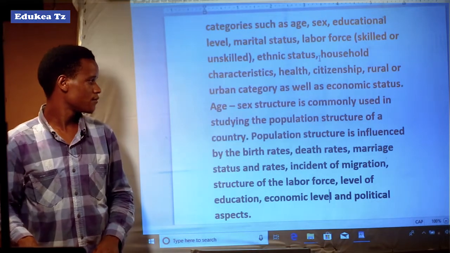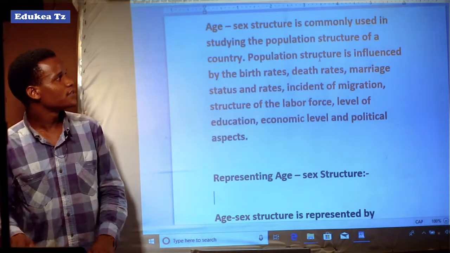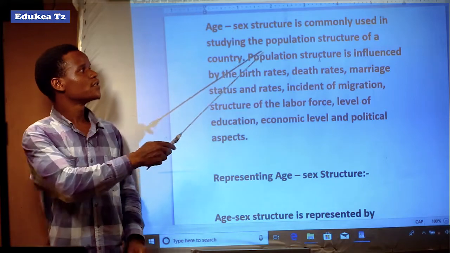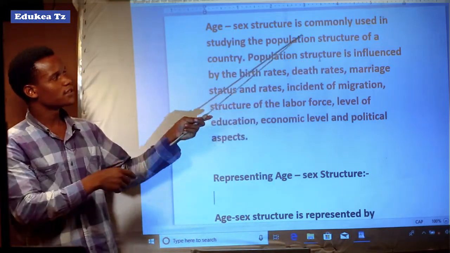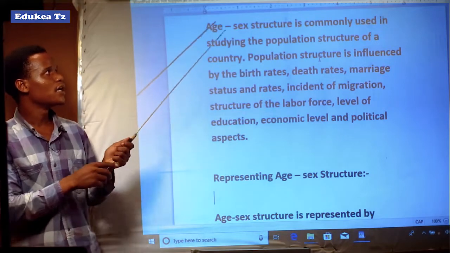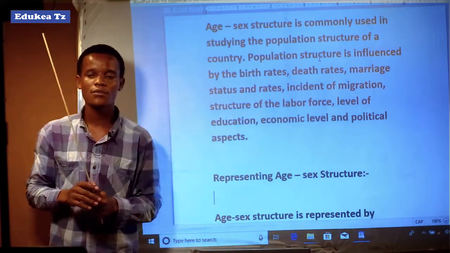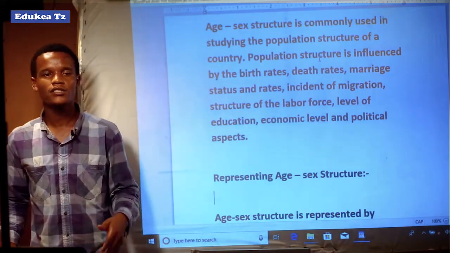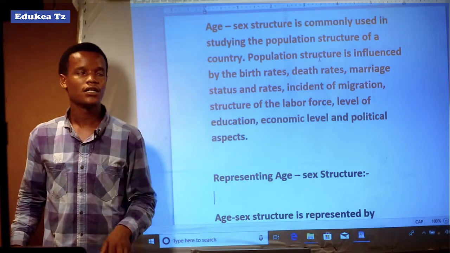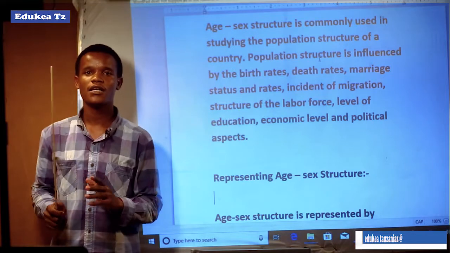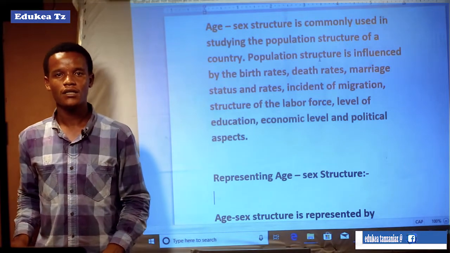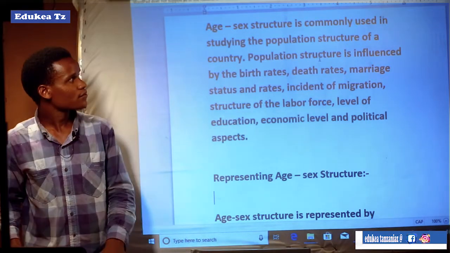Age-sex structure. Age-sex structure is commonly used in studying the population structure of a country. Age can be 10, 20, 30, and so on. For sex, we look at the number of males and females in the society.